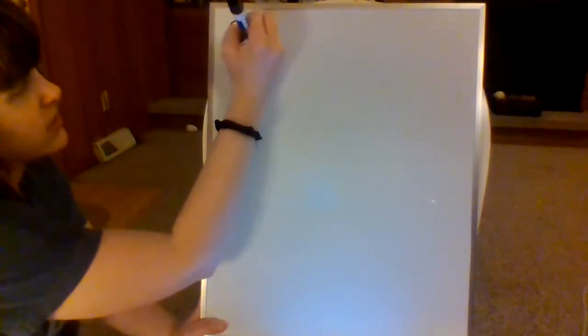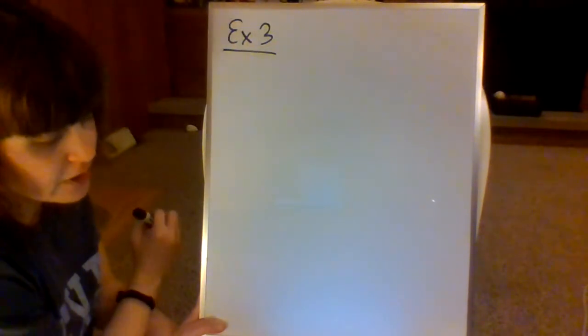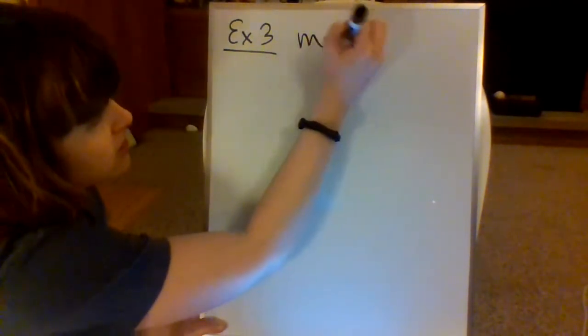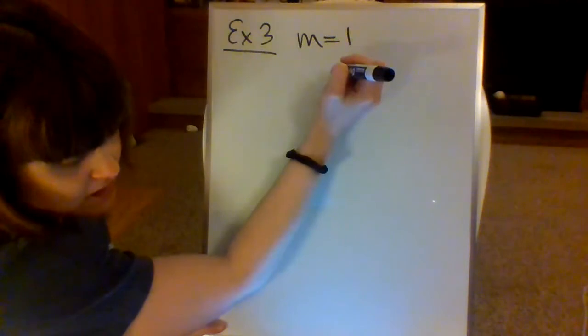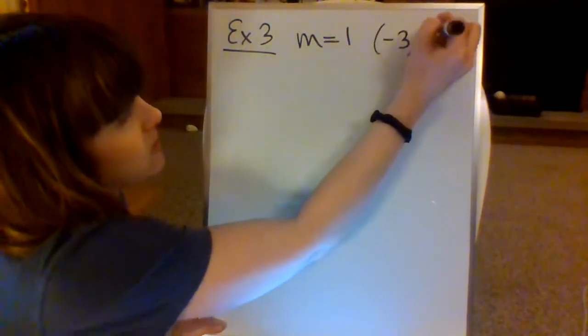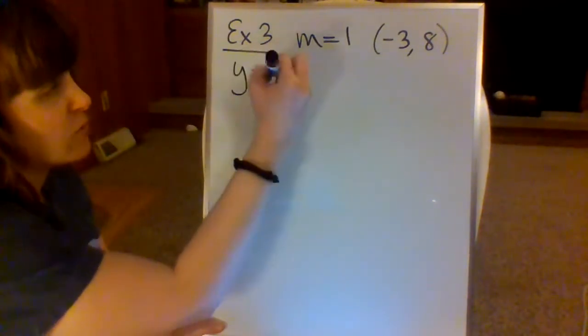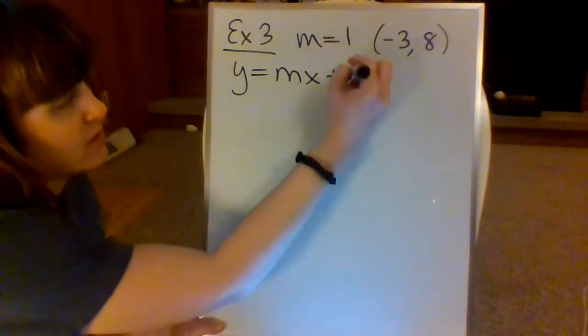Example 3: write the equation of the line whose slope is 1 and it passes through the point -3, 8. So we're going to have y equals mx plus b.